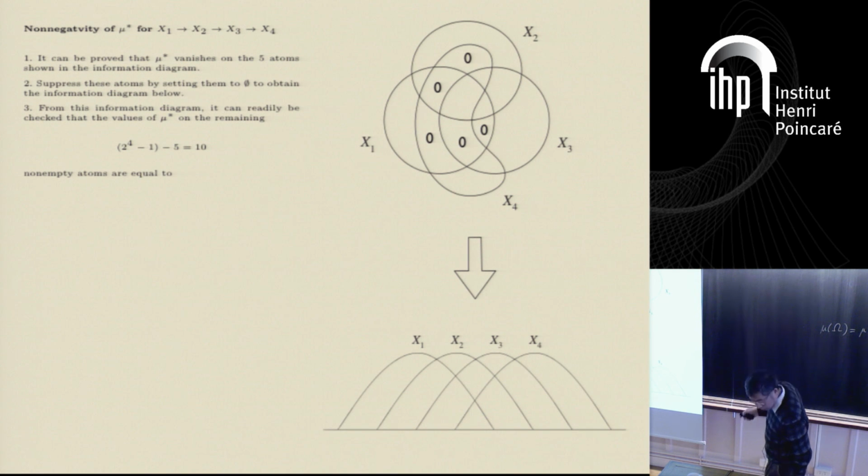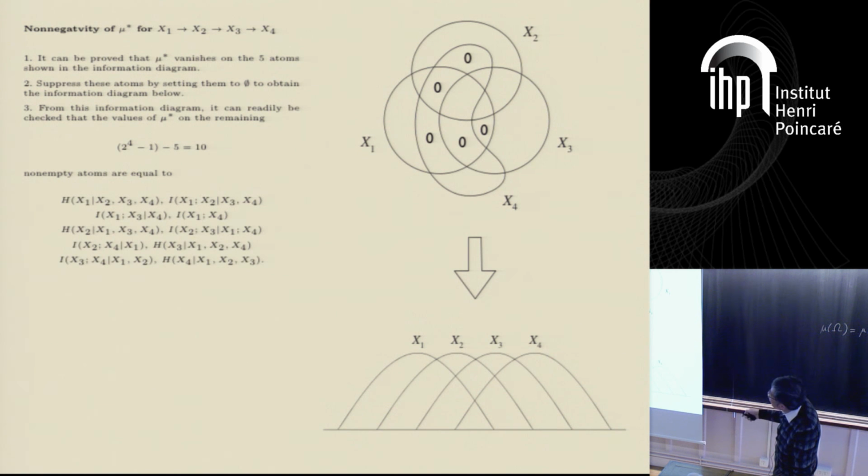For this case, when we have a small number of variables, it can readily be checked in the diagram that the remaining 10 atoms all correspond to Shannon's information measures. So on these remaining 10 atoms, mu star corresponds to these Shannon information measures, and hence they are non-negative. Therefore, mu star is a measure.